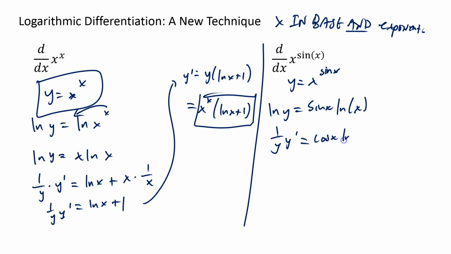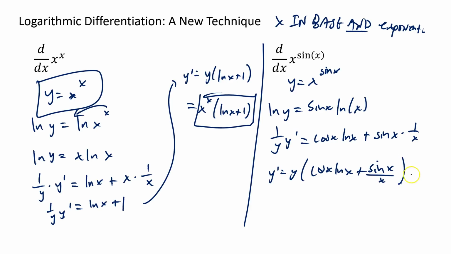So we have cosine x ln x, and then plus sine x times 1 over x. Now we multiply by y. So y prime is y times cosine x ln x plus sine x over x. Now replace the y with x to the sine x. So y prime is x to the sine x times cosine x ln x plus sine x over x. Nice.